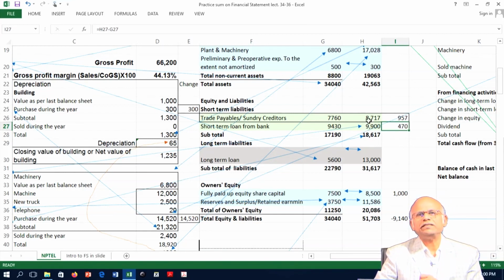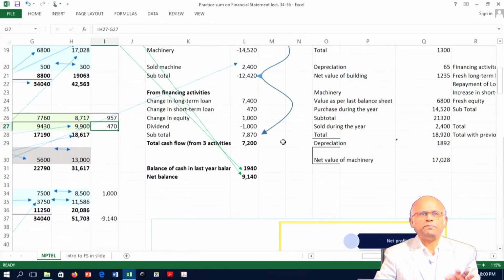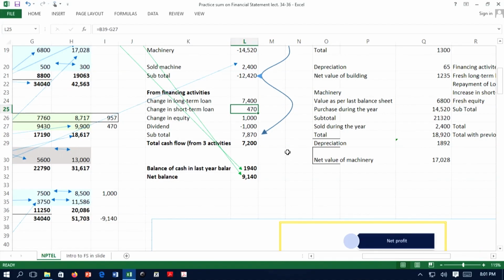Because the balance has gone up, that means we have received some money from the bank in terms of short term loan. If the loan goes up, we receive the money. Change in long term loan has gone up, so it is a positive cash flow. Short term loan has gone up by 4,470, so this is a positive cash flow.